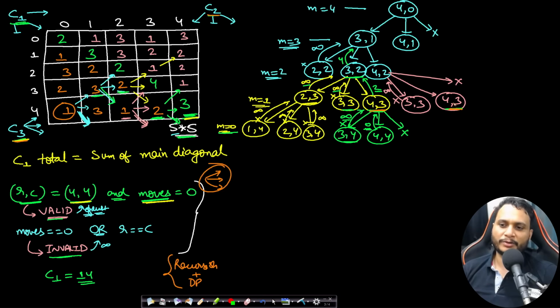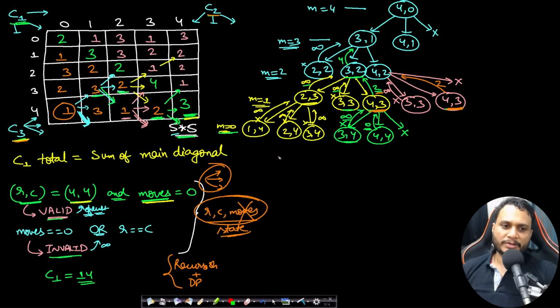So even though you might be compelled to say that row, column and moves are the 3 variables on which your answer depends, I can always cancel out the moves because of this important observation. That is why I can say that if I reach 4 comma 3, this is a repeating subproblem. The answer returned here was 2, so you can simply return 2 without having to solve it. And how will this be possible?